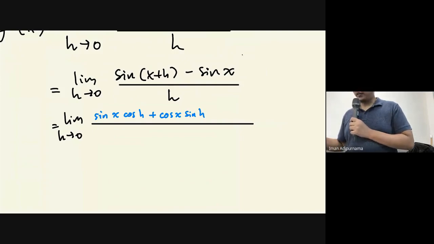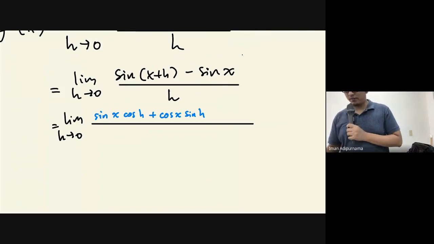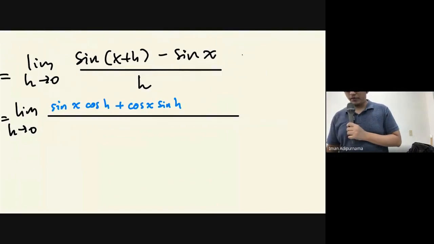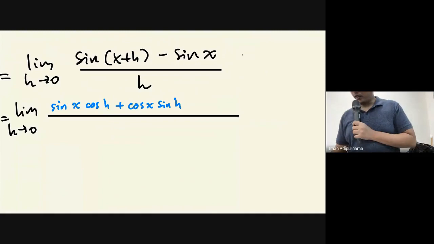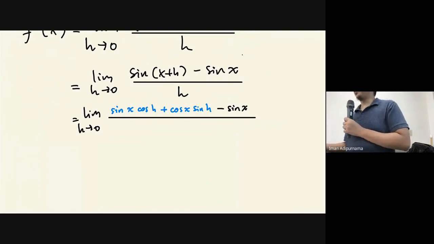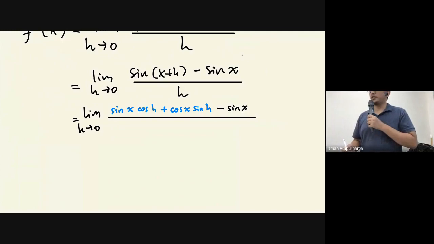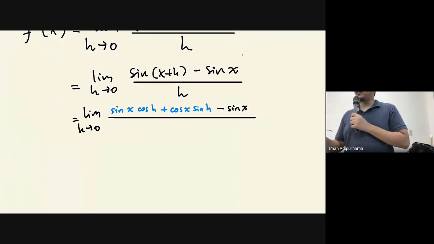It's cos h, not the hyperbolic function, in case you are mixed up with the hyperbolic functions. And minus sine. Remember, the blue color is just from the property of trigonometry, an identity, sine alpha plus beta, if you remember.